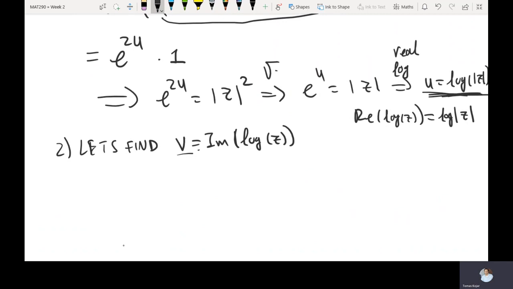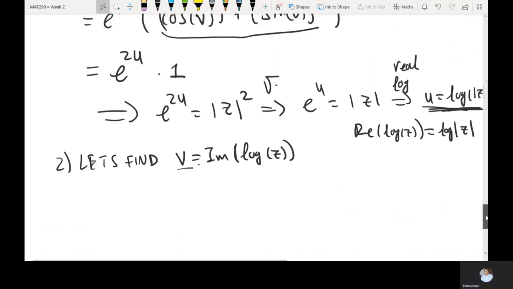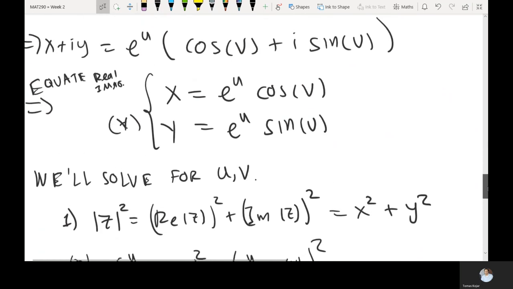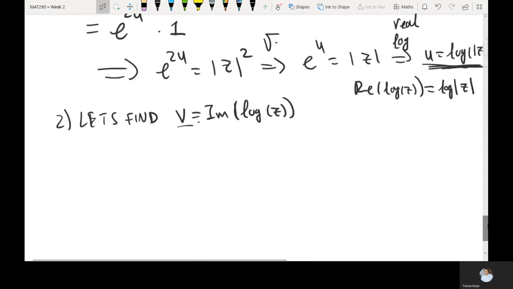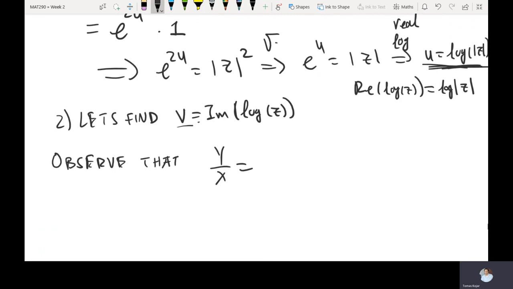All right, so let's recall our system here. So this is our system. And we will take the ratio in order to cancel out the exponentials. Observe that y over x is equal to e to the u sine v over e to the u cosine v.